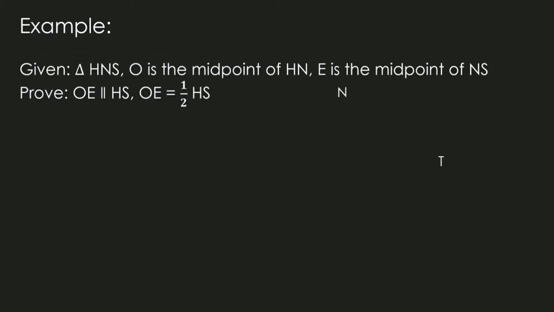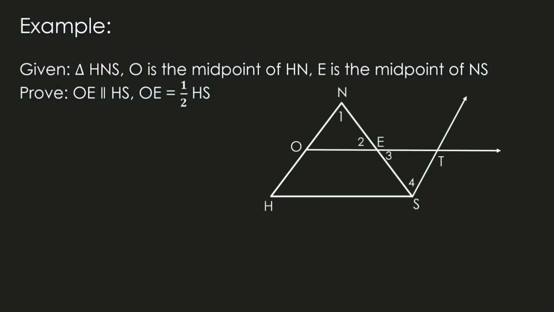Example. Given triangle HNS, O is the midpoint of HN, E is the midpoint of NS. Prove OE is parallel to HS, OE is 1/2 HS. So this is our given triangle HNS.